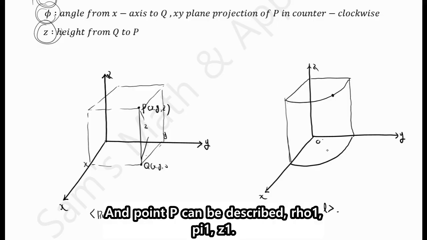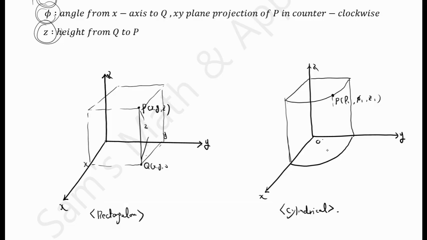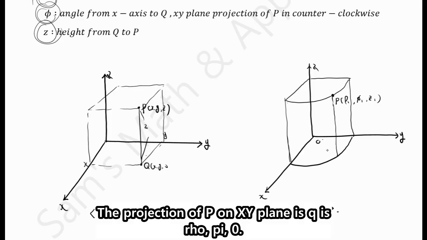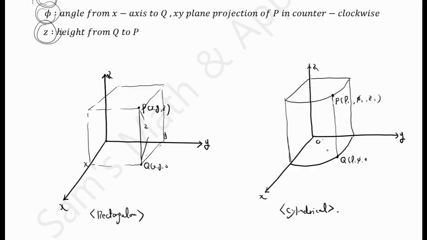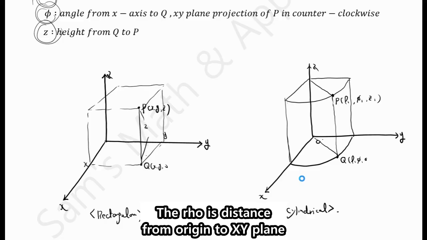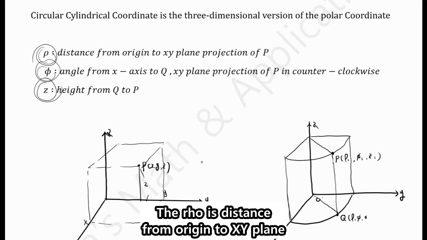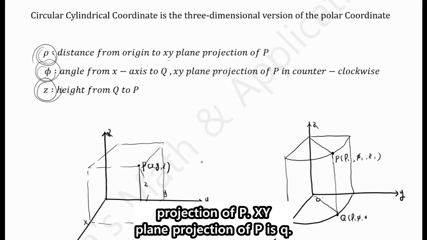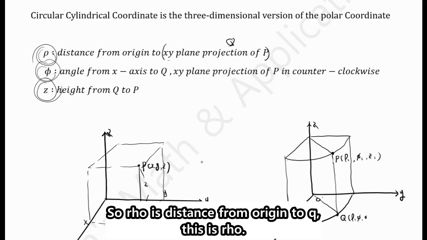And point P can be described as rho 1, phi 1, z1. The projection of P on the xy plane is Q, (rho, phi, 0). Rho is the distance from the origin to the xy plane projection of P. The xy plane projection of P is Q, so rho is the distance from the origin to Q. This is rho.